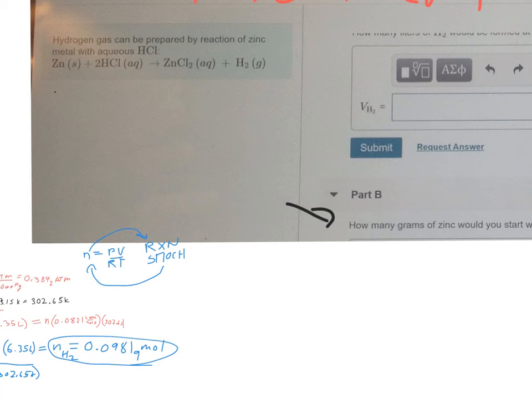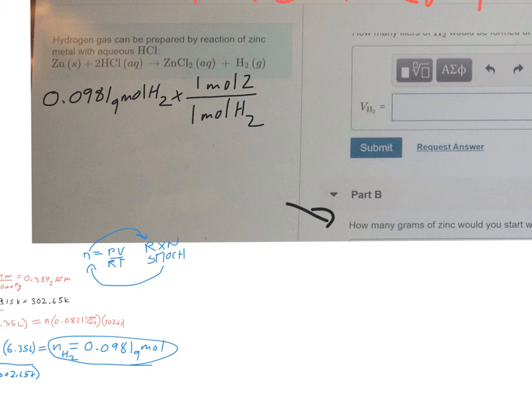So we're going to go 0.09819 moles of hydrogen. According to my chemical equation, for every 1 mole of hydrogen, I require 1 mole of zinc.